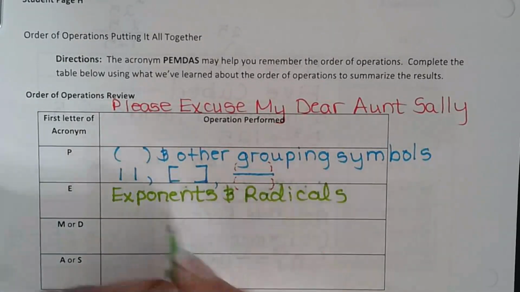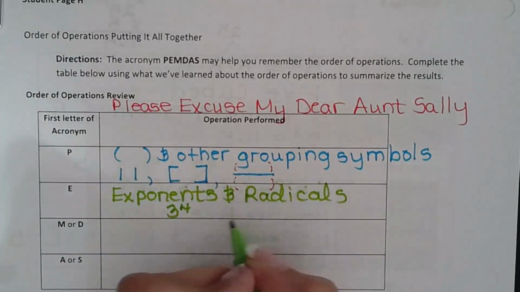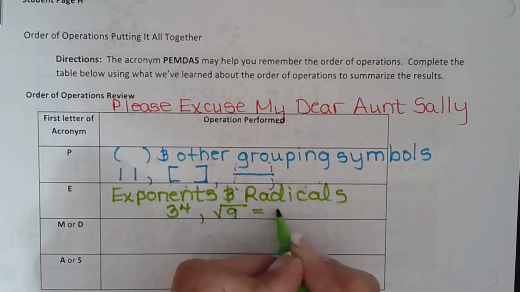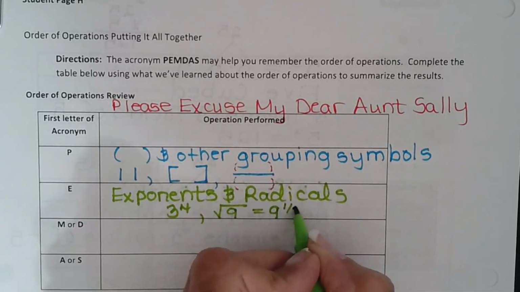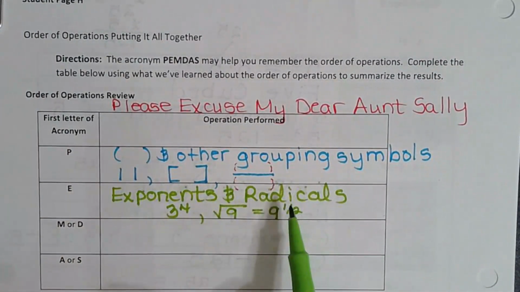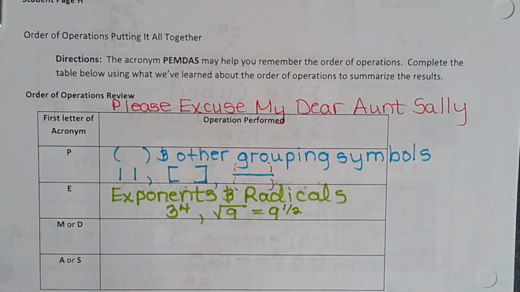So it would be like what we were doing earlier, 3 to the 4th power, but it would also be the square root of 9, which you'll learn in later classes is really 9 to the 1/2, and that's why radicals are also in the exponent category, because all radicals can be written with fractional exponents.